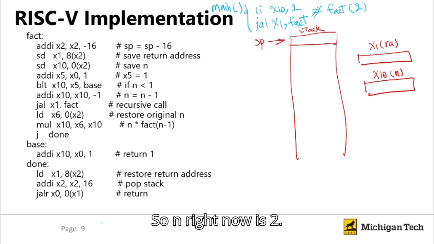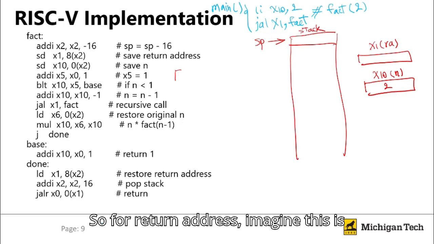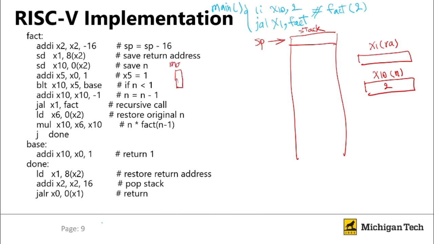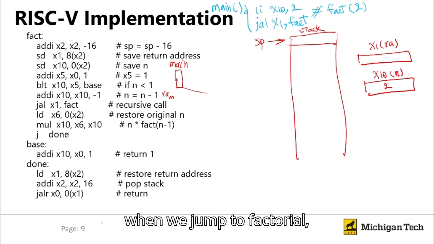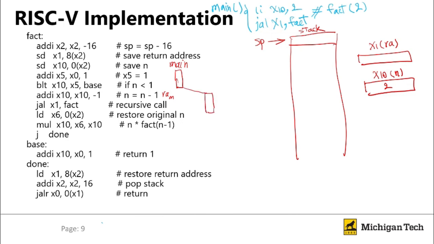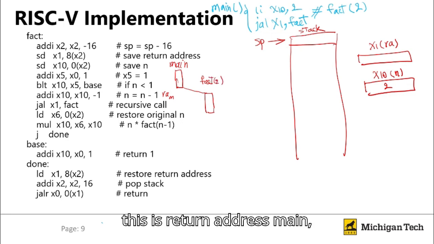So n right now is 2. For the return address, imagine this is the main function, and the return address is main, when we jump to fac2. This is return address main.